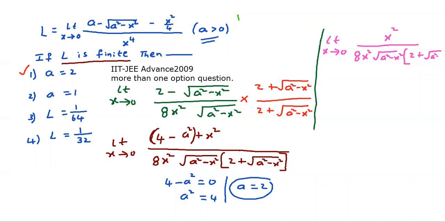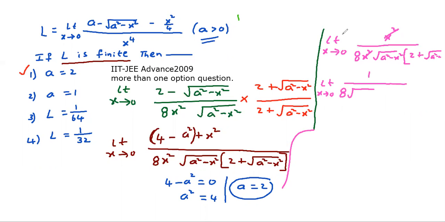Here no change in the denominator, right? Now this x square and x square got cancelled. Now the remaining will be limit x tends to 0. The numerator is 1. In the denominator, what is the change? 8 into root a square minus x square.